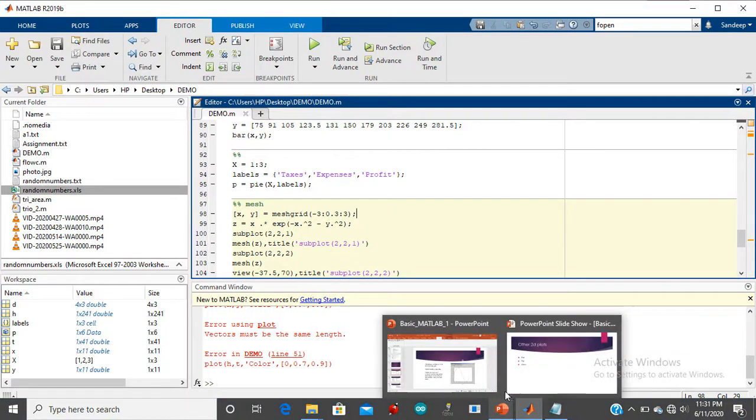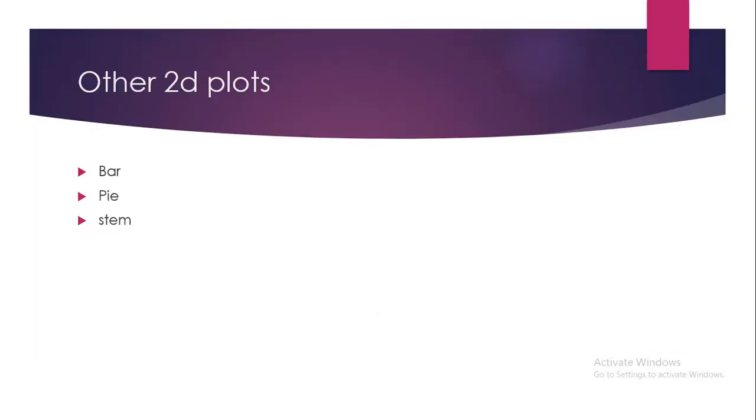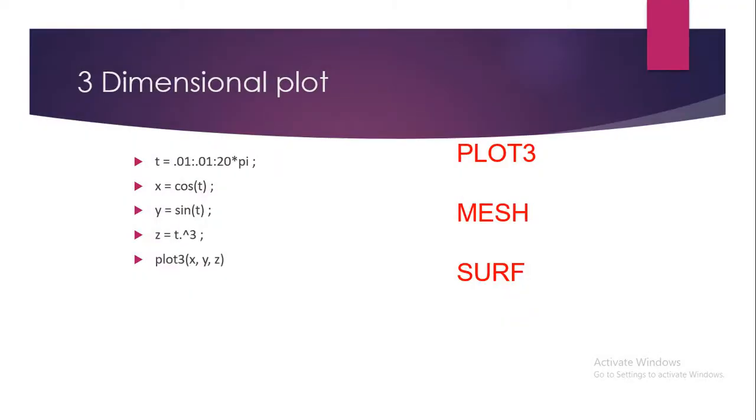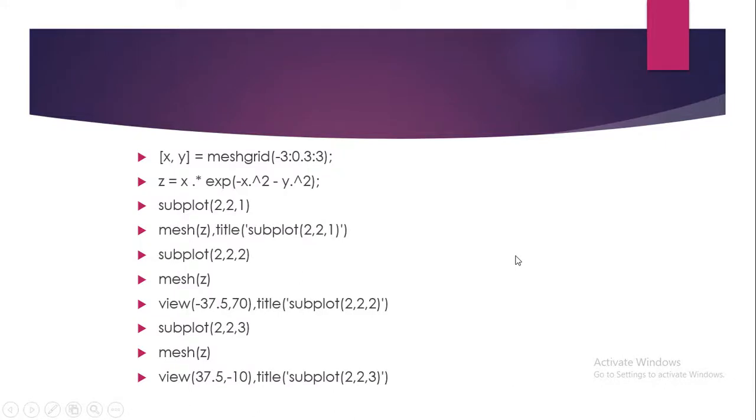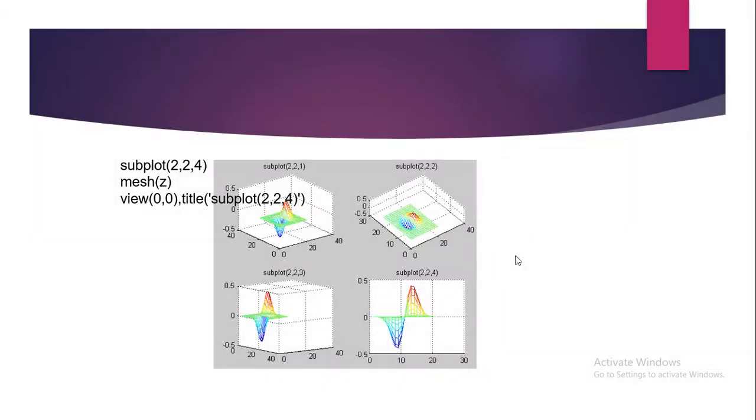Let us see what we have in our 3D plots. In 3D plots, instead of 2D plot, plot3 is the command word for 3D plot, then mesh, surf. This is one of the examples. I'll just take you through quick examples.